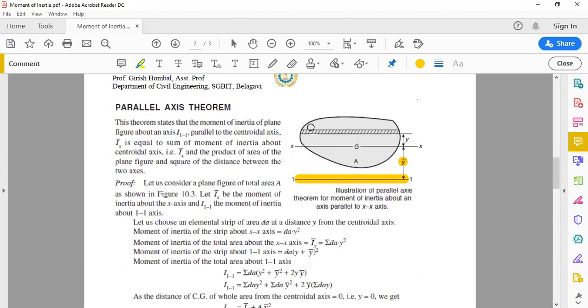Next, we have considered an element which is located at a distance y from x axis.